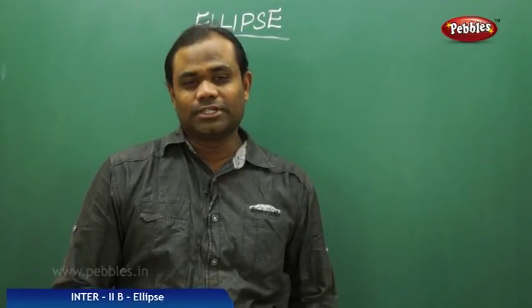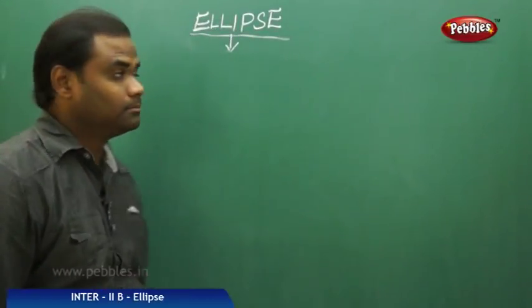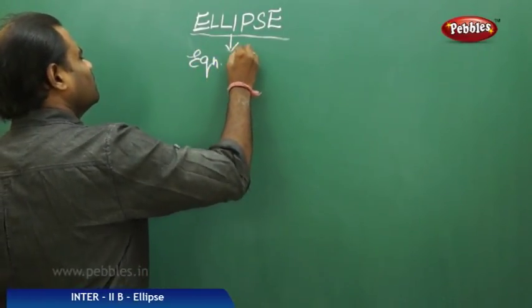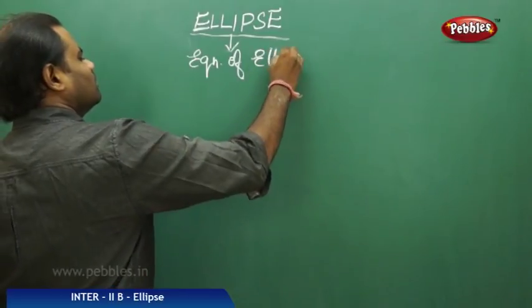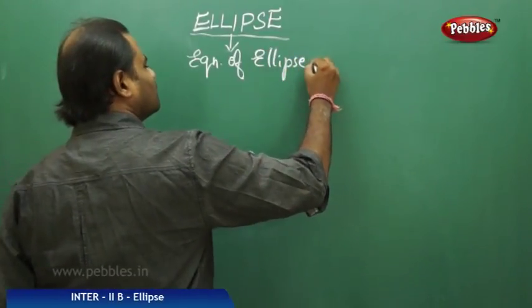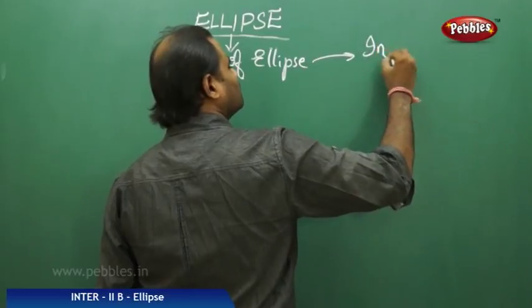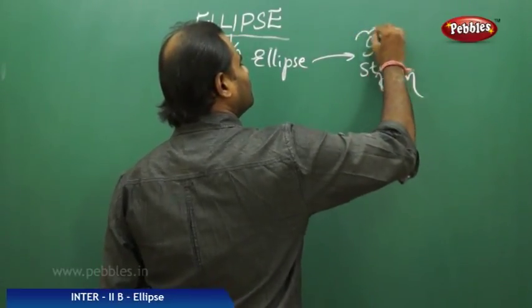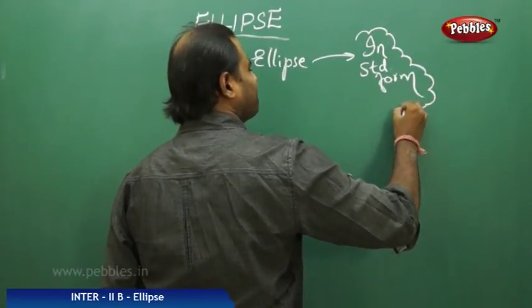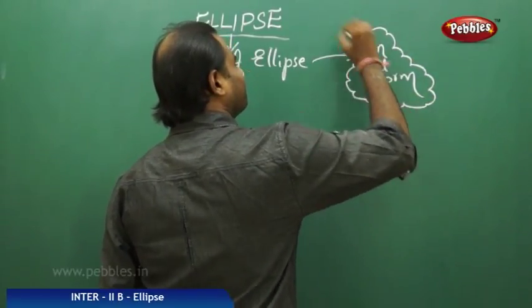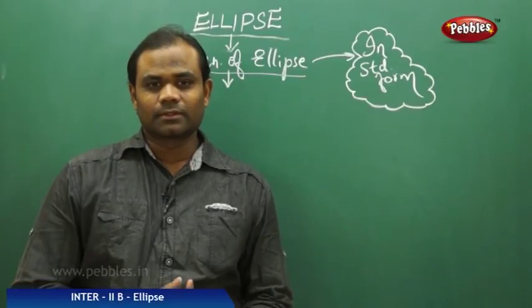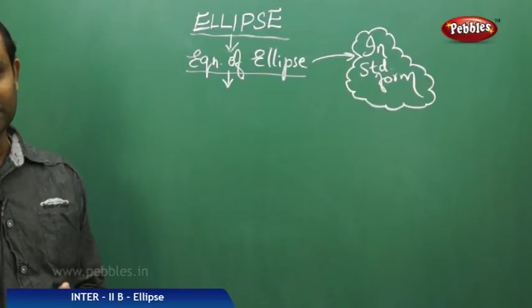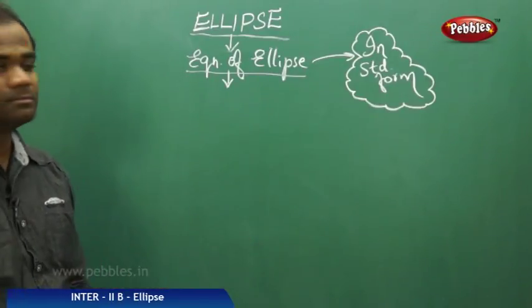Now let's see the equation of ellipse in standard form. So we have the equation of ellipse in standard form, which we're going to discuss here.